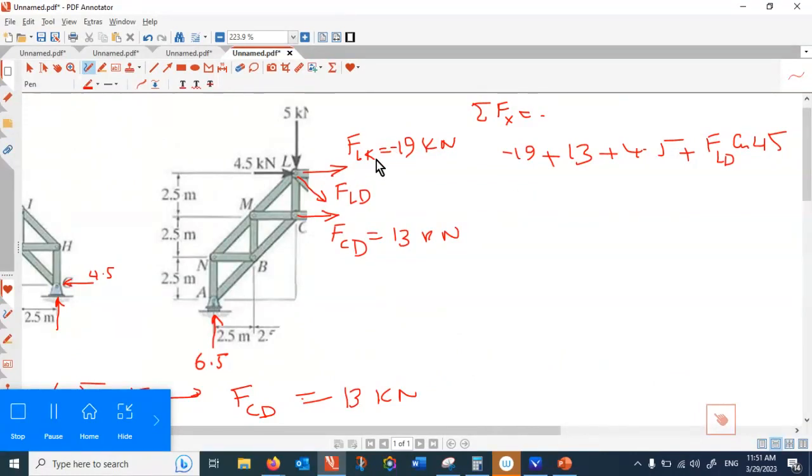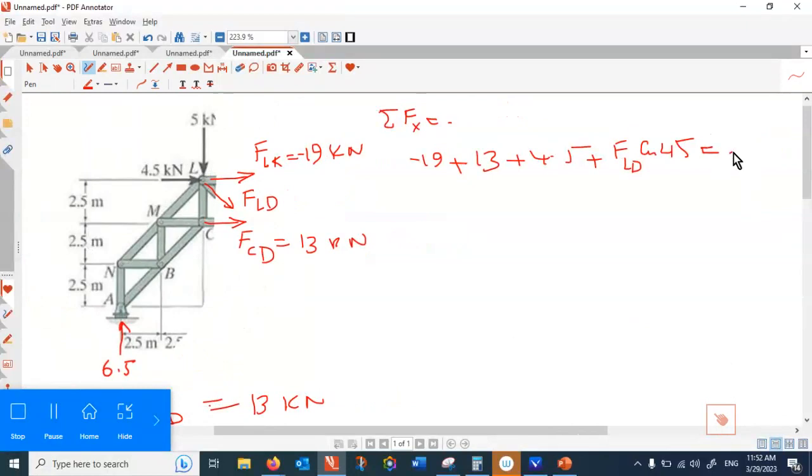These are only horizontal forces. 19 and 13 is minus 6, plus 4.5, that is minus 1.5.